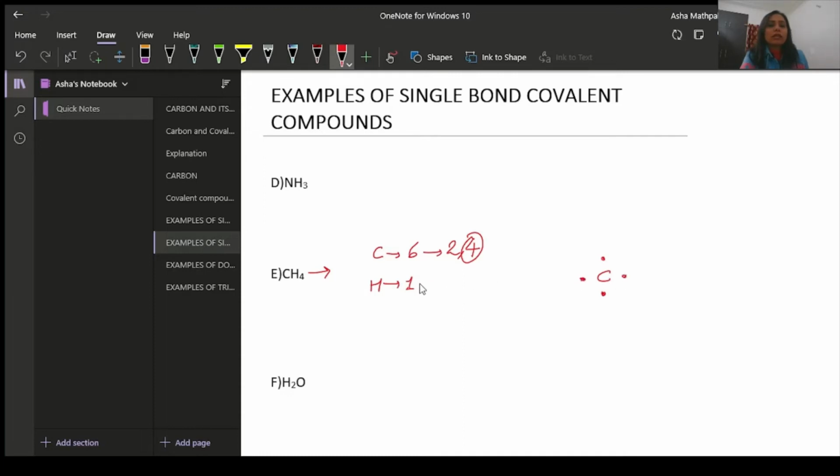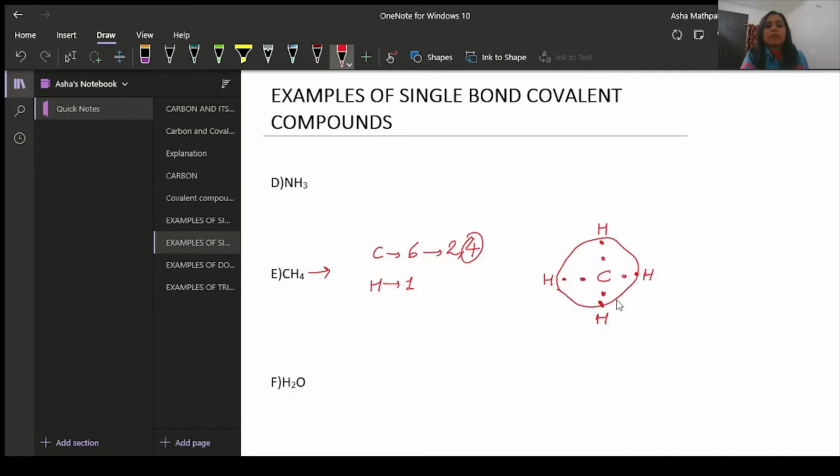Hydrogen has 1 valence electron. So you can write 1 here. There are 4 hydrogen, so you will have to place 4 hydrogen around it. Okay, so this is the valence electron of the hydrogen. Now carbon will attain its stable electronic configuration by taking 1 valence electron of these 4 hydrogen atoms.